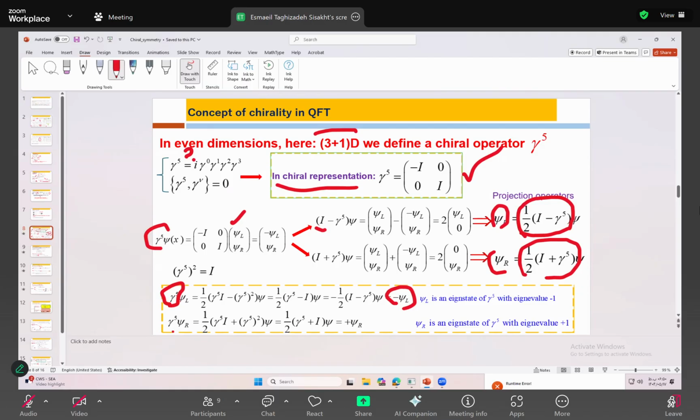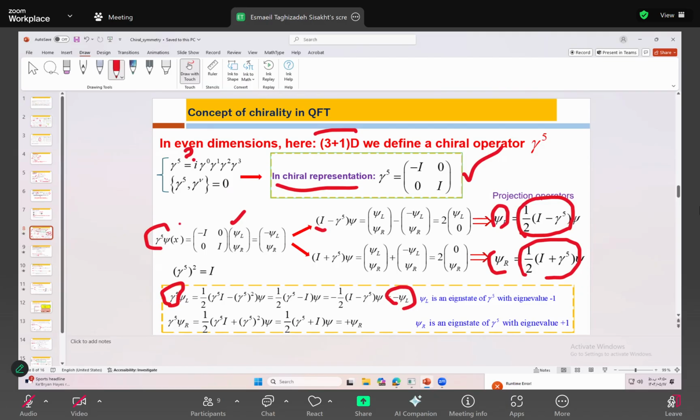So in this way, we can understand the meaning of chirality and the meaning of the chiral operator. In summary, the chiral operator selects right-handed and left-handed states in the Dirac equation.